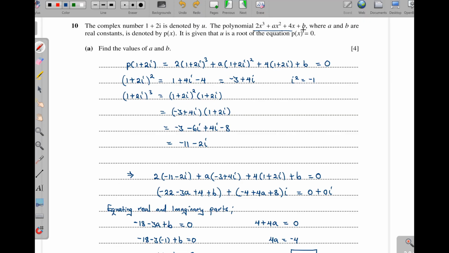So if there are 3 roots here, then they can all be real, or one real, and then the other 2 are complex, but these ones are conjugates. Okay? You cannot have one complex root and then the others are real. The complex roots always move in pairs, and they are conjugates of each other. Is that clear? All right.